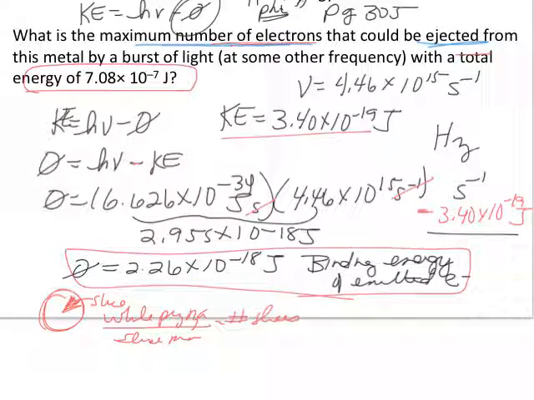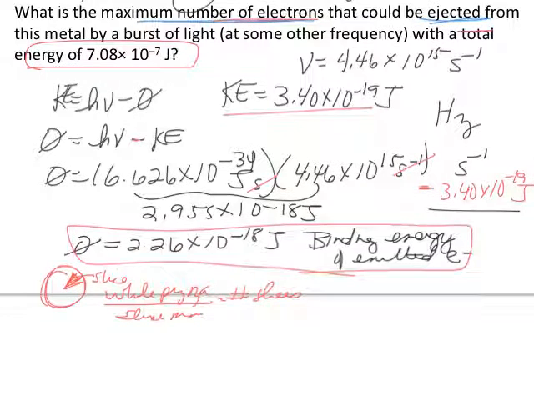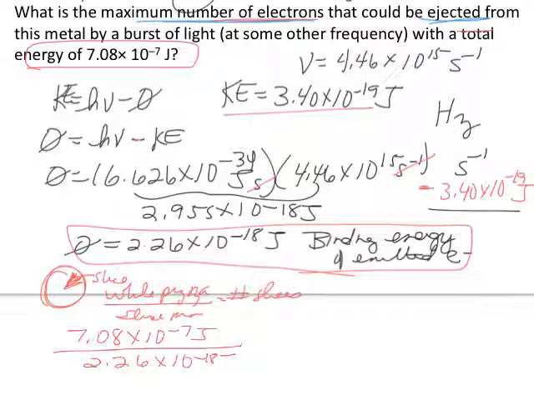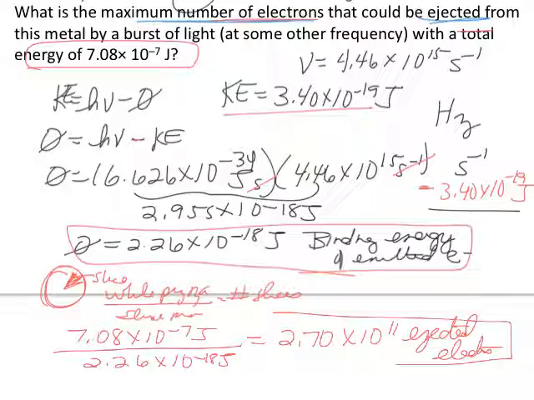So what you're going to just do basically is take 7.08 times 10 to the negative 7 joules, and divide this by 2.26 times 10 to the negative 18 joules, and that's going to give you 2.70 times 10 to the 11 ejected electrons. So once you find that binding energy of the electrons, then you can subtract it from the total energy to find out your ejected number of electrons.